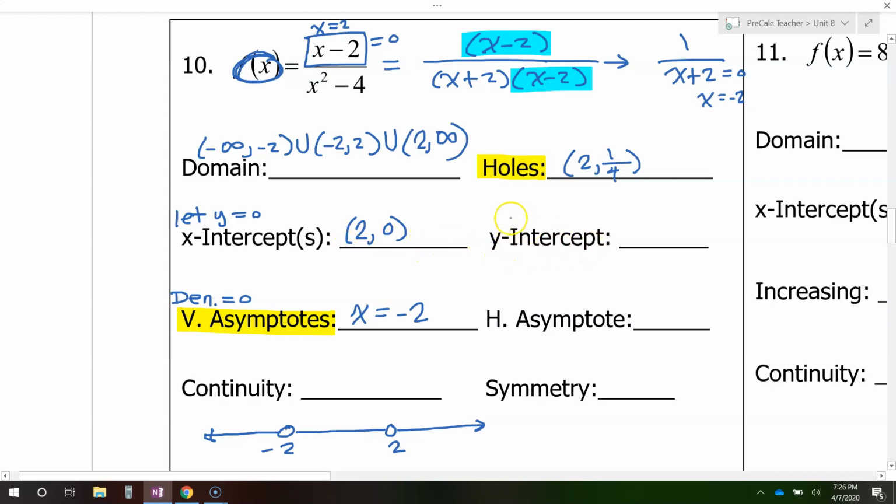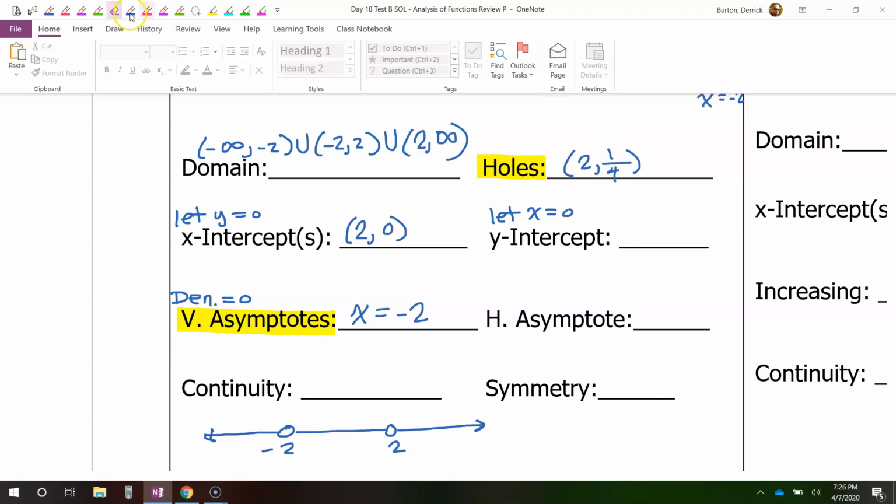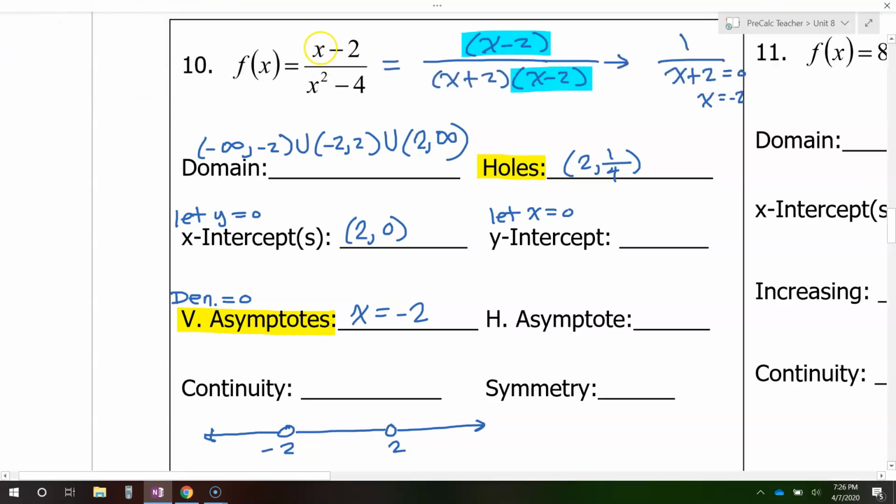If you want to find the y-intercept, you let x equal 0. All right, so I'm just going to clean this up a little bit. So if I want to find the y-intercept, I'm going to let all of the x values equal 0.